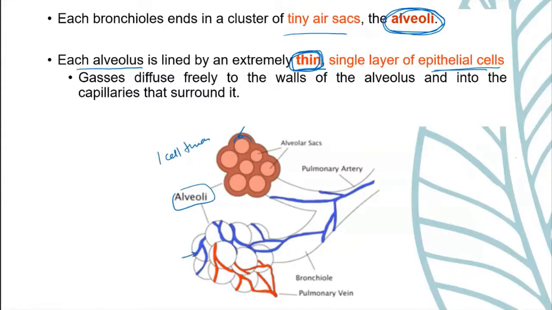The blood capillary surrounding the alveolus is also one cell thick. We learned the characteristics of blood capillaries the other day: it is also one cell thick. So what is the significance of this structure being one cell thick? So that it reduces the distance for the respiratory gas to diffuse across.